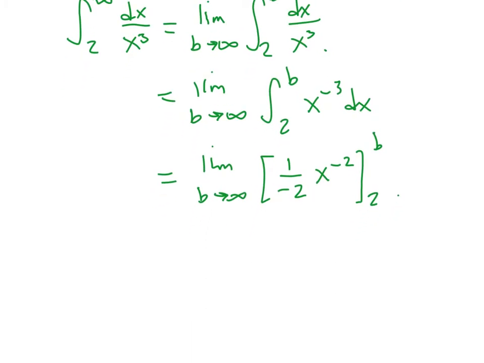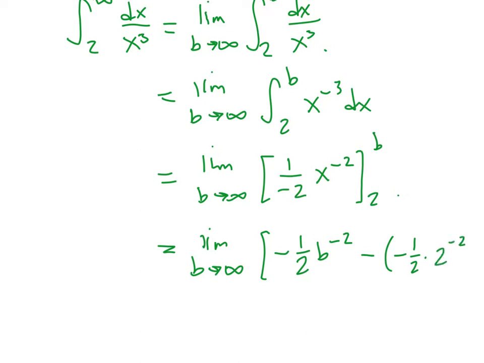So let's go ahead and evaluate that. I'm going to leave the limit there for now. That's negative 1/2 times b to the minus 2 minus negative 1/2 times 2 to the minus 2.